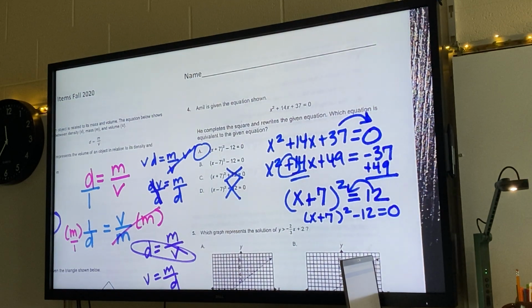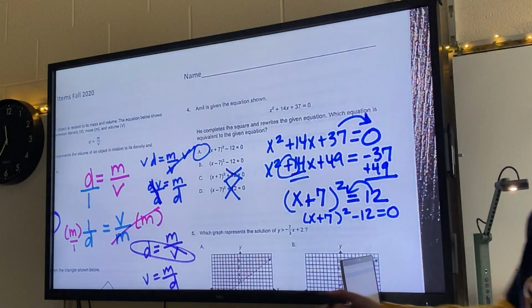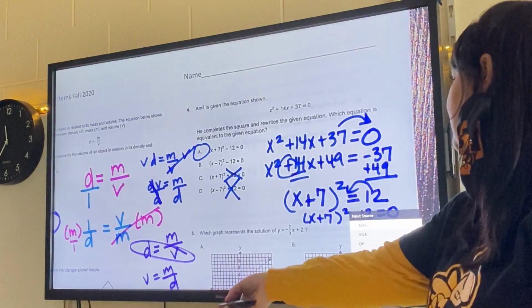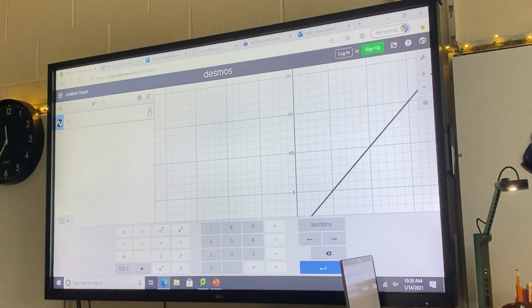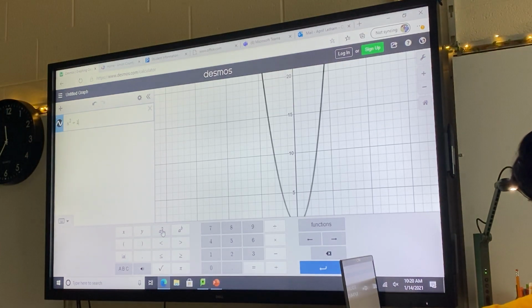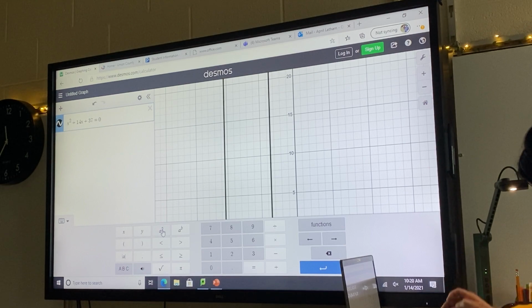Not timed. So I'm going to go to Desmos just to make sure we got it right. I know we did, but just to reiterate how to do that. On Desmos, I'm going to put in the original equation, which is x squared plus 14x plus 37 equals 0.